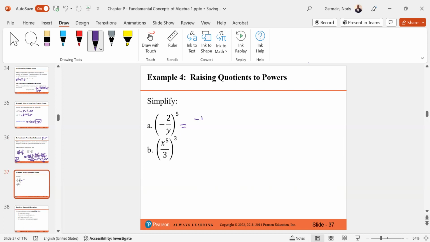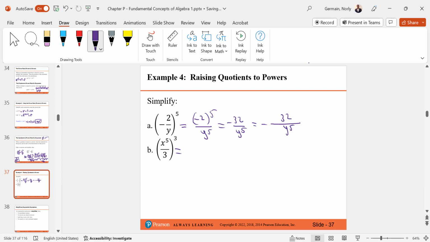So if I decide to put negative 2 power 5 over y power 5, you see I give each of them their own. If you do negative 2 power 5, that means multiply negative 2 by itself 5 times. I'm pretty sure you know it's going to be negative 32 over y power 5. If you want, put the negative in front of the fraction bar, y power 5.